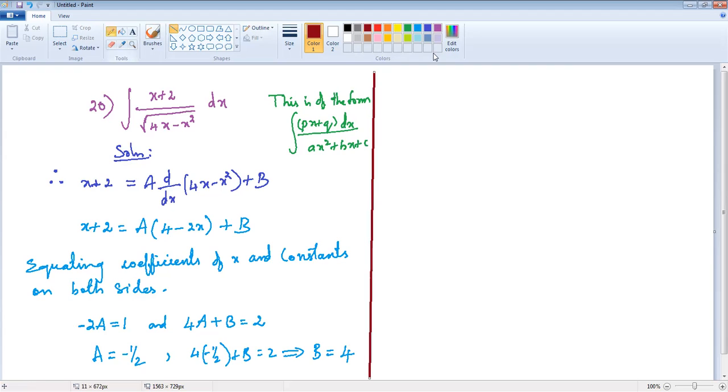So the next line is, okay, substitute it in equation 1.